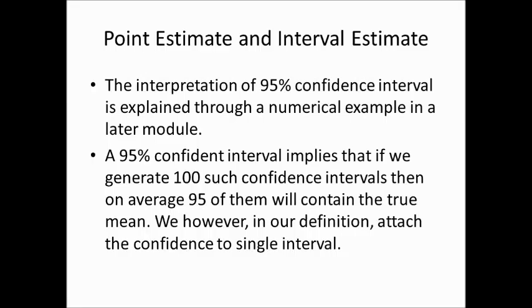However, in our definition, we attach the confidence to a single interval. We just generate one interval with 95% confidence and say the true mean lies in this interval with 95% confidence. But the true meaning is not with a single interval, but that, on average, 95 out of 100 such intervals will capture the true mean.